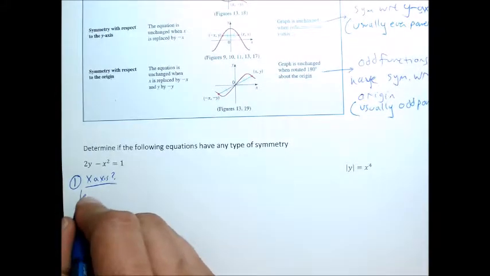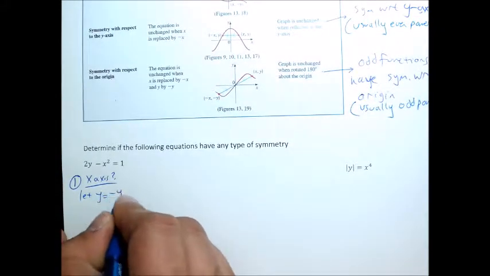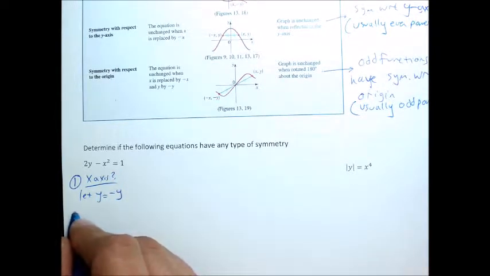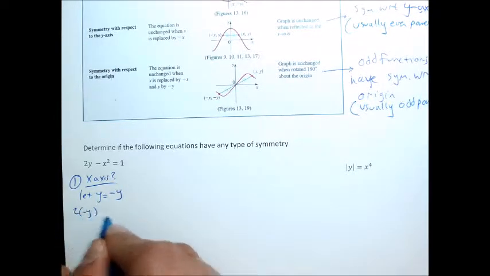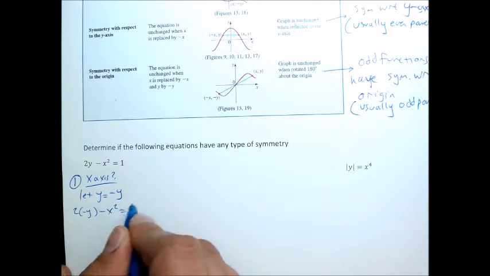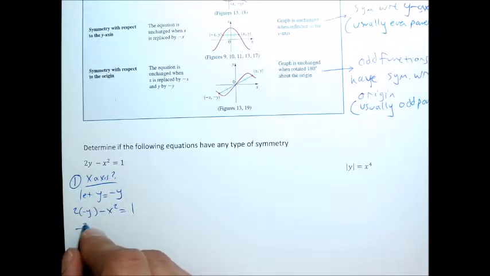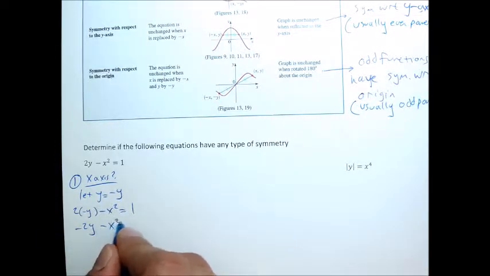So we let y equal minus y in that equation, 2y minus x squared equals 1, and we get 2 times minus y minus x squared equals 1. That negative y multiplies the 2, and it makes it a negative 2y. Obviously the equation changed, right?